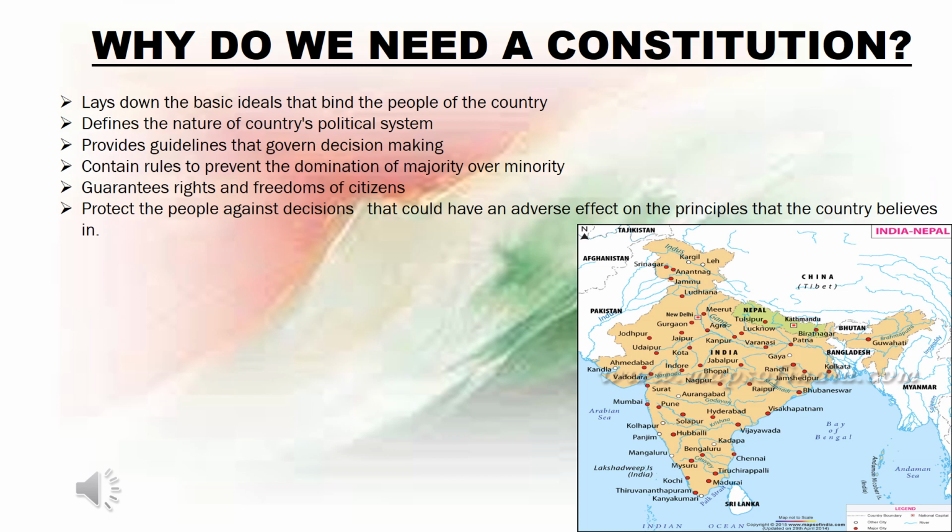Let us understand it with the help of one example of a neighboring country. Nepal was a monarchy. The country of Nepal has witnessed several people's struggles for democracy. There was a people's struggle in 1990 because the constitution did not reflect the ideals of the country.